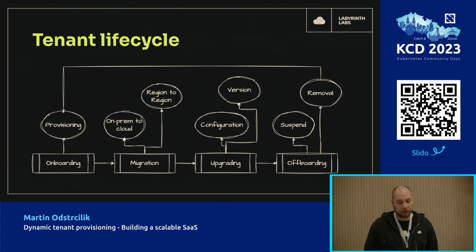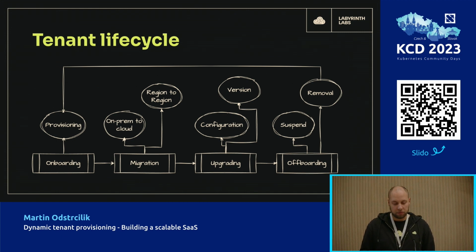Now we will have a look at what a tenant lifecycle could look like from the tenant provisioning perspective. You have several stages, like onboarding, which translates into provisioning some resources. Then you might want some kind of migration, either moving the tenant from one region to another, or, in this case, we wanted to capture the scenario of migrating the tenant from on-premises to the new cloud environment.